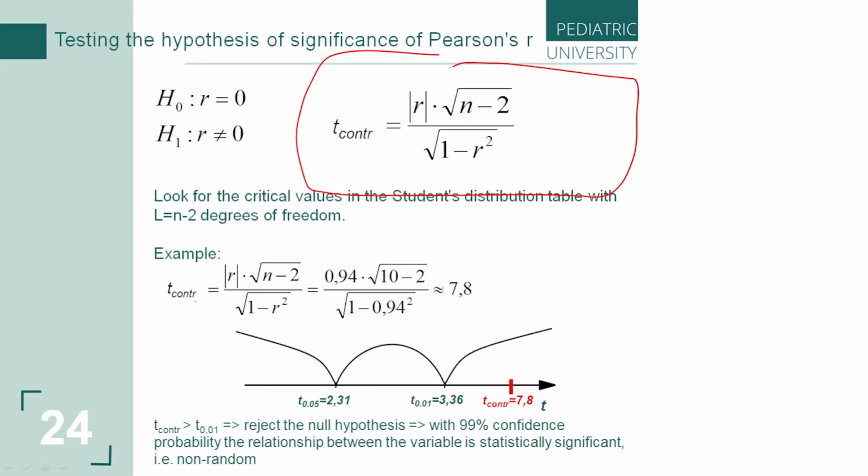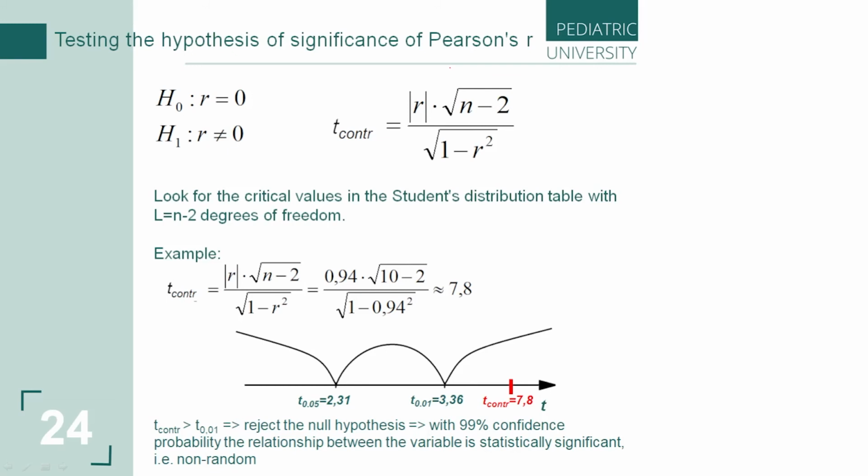Then we look at the critical values of the Student coefficient from the distribution table with n minus 2 degrees of freedom. After that, we compare our control value and the critical value from the table. The algorithm for testing the hypothesis is standard, as we discussed in the last lecture and today.